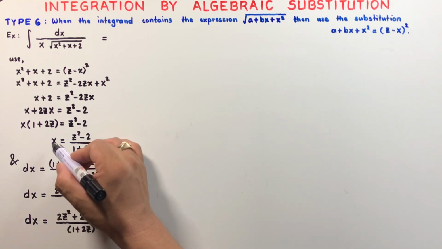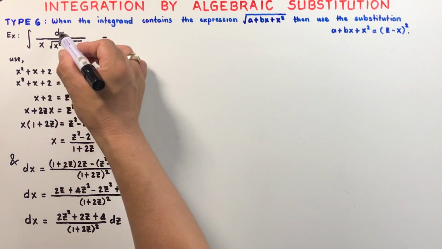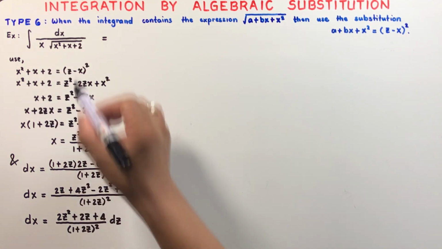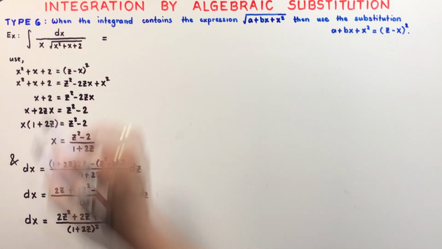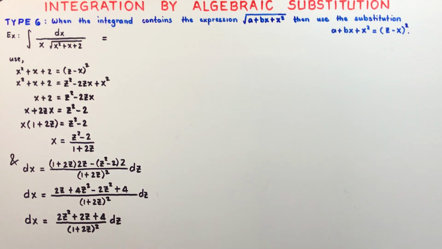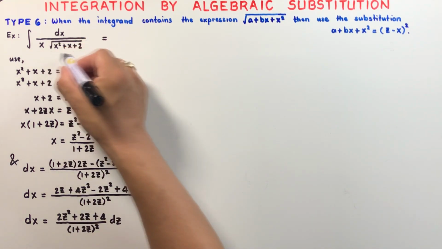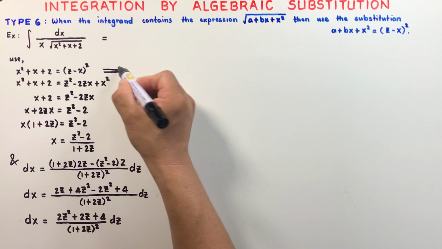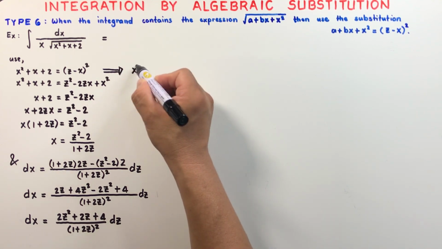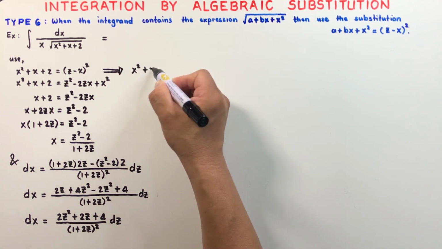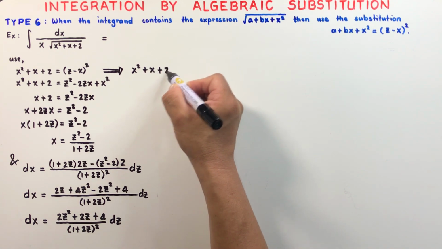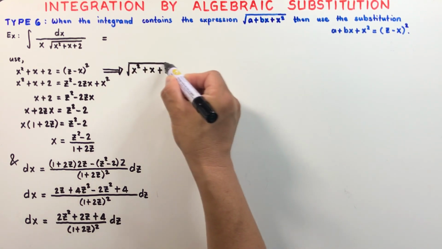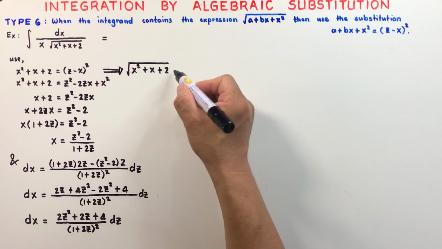So we can use this x and the dx in our integrand here. But we don't have representation for this term. So solving for this square root here, we can use this equation, which is the square root of this quadratic x squared plus x plus 2 if you take the square root of both sides.